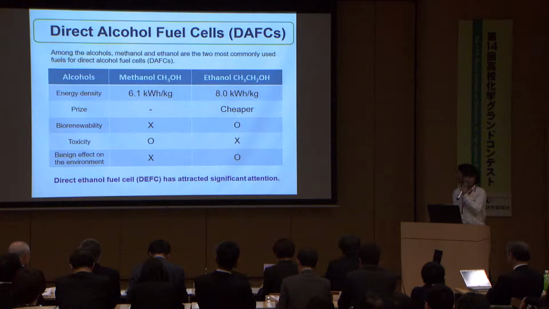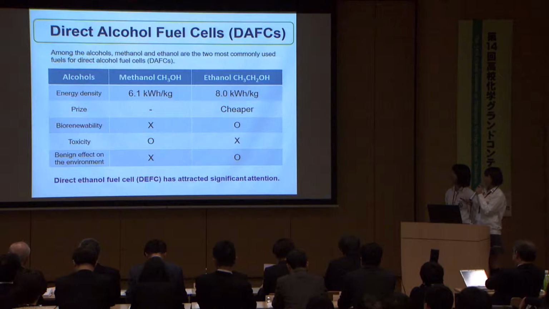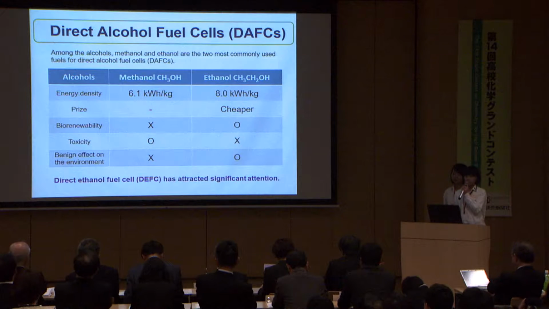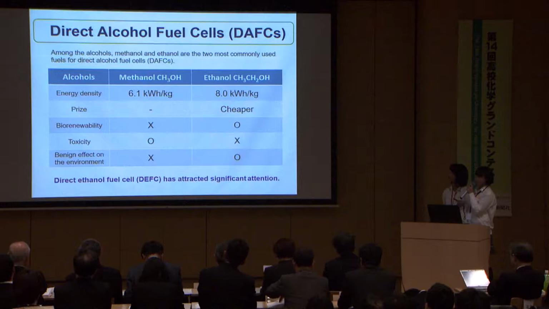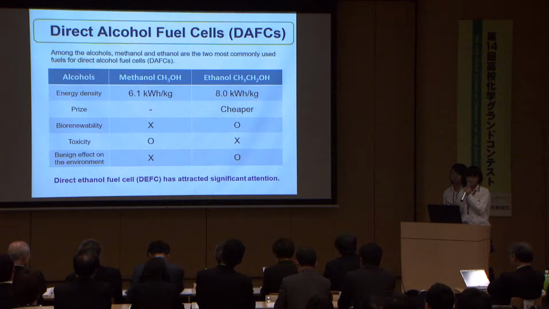Among various liquid fuels, methanol and ethanol have been recognized as the widely used fuels. Why are we introducing direct ethanol fuel cells? In contrast with methanol, ethanol has a higher energy density, around 8,000 watt-hours per kilogram.